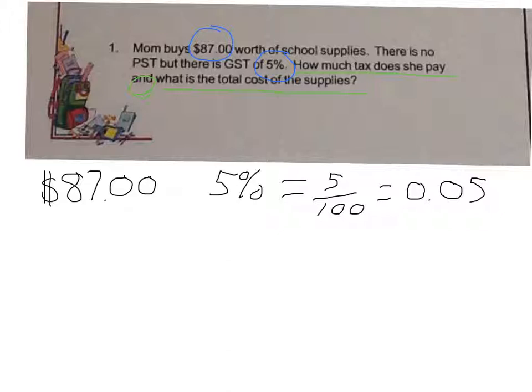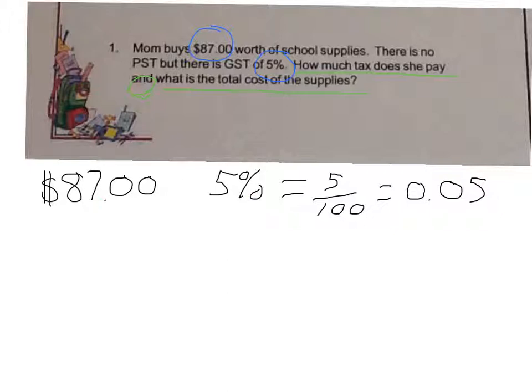Now we need to find how much tax she pays and then what's the total cost. So let's find the tax first. If she's paying 5% and we've got $87, that means we need to multiply these two numbers together.